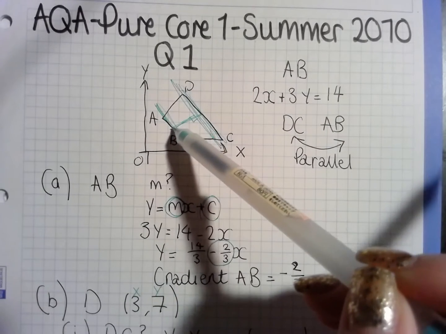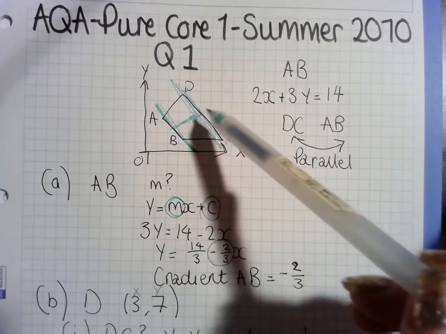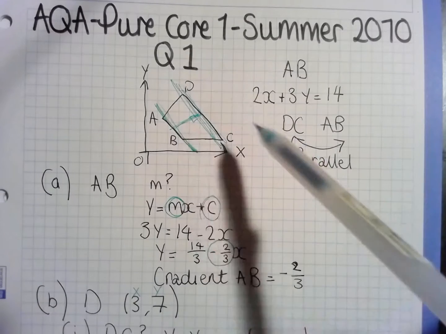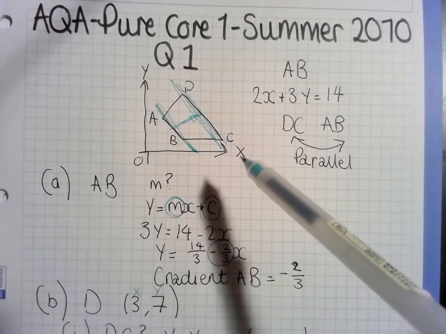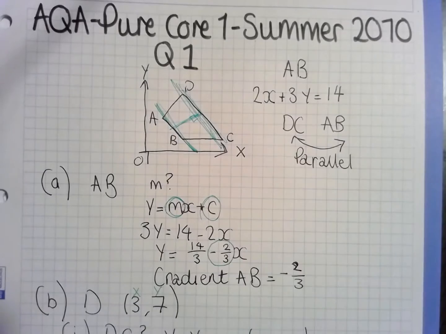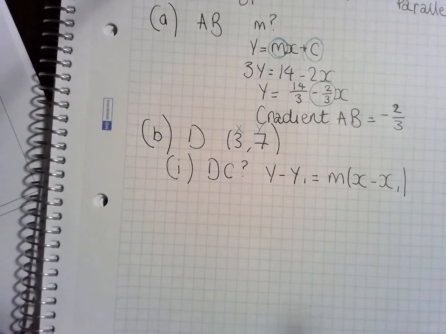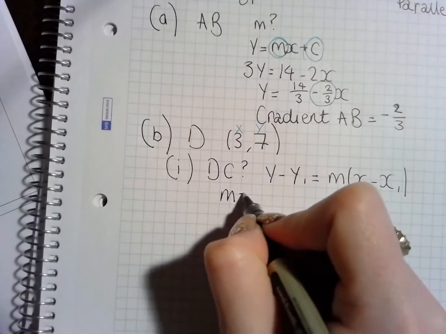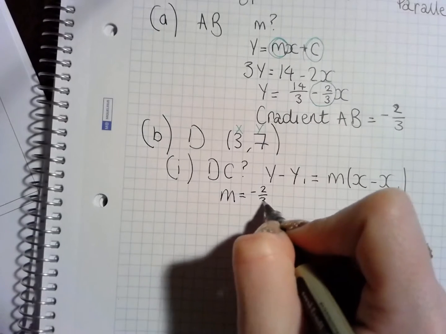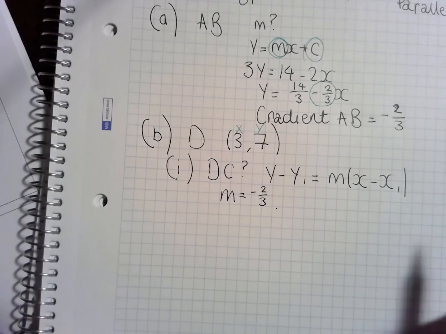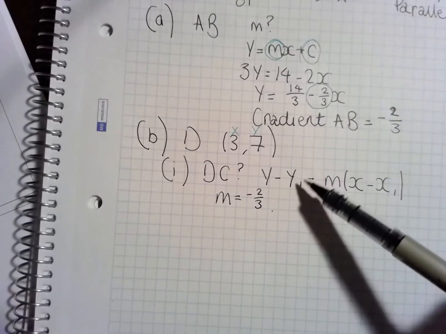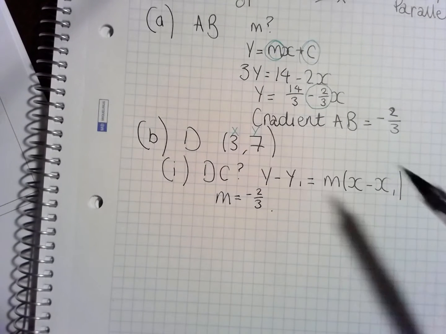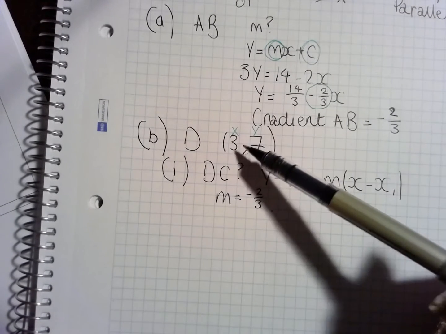If that's not obvious, then just write in the comments and I'll explain in more detail, but most of you should understand that. Right, okay, so we know already that m is minus 2 over 3, the same as the gradient for AB, and we know that our y1 value is 7 and our x1 value is 3.